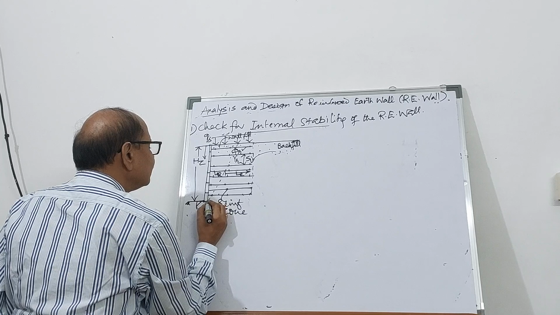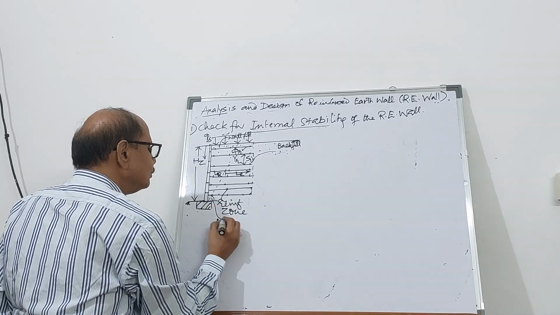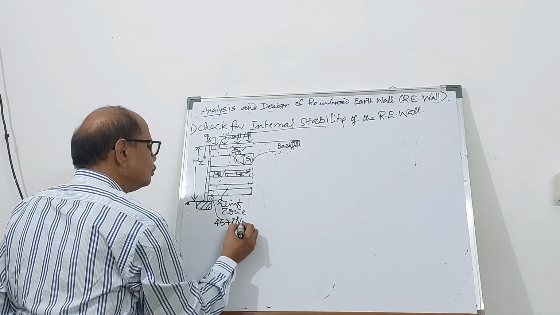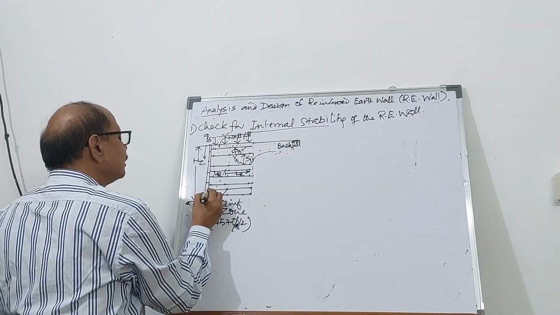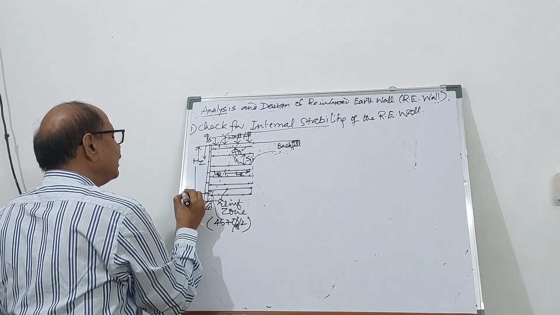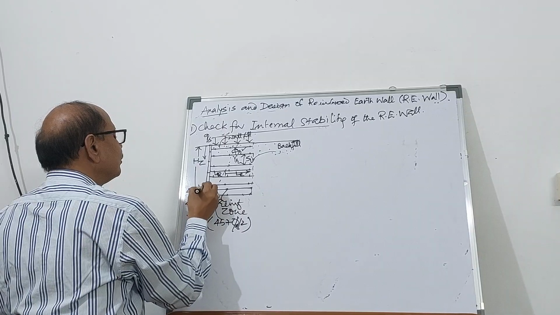Now this angle is 45 plus phi r by 2. Therefore, with the vertical, this angle will be 45 minus phi r by 2.